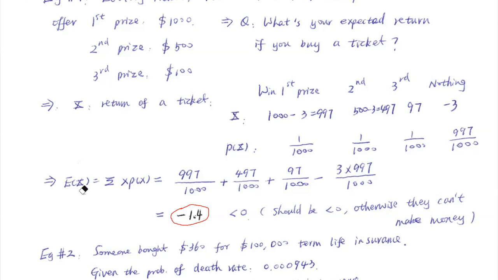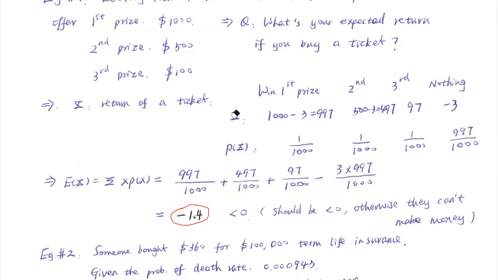Follow me? So from the calculation here, we say the organization is making $1.4 on each ticket on average. Is that right? How many tickets do they offer here? 1,000.